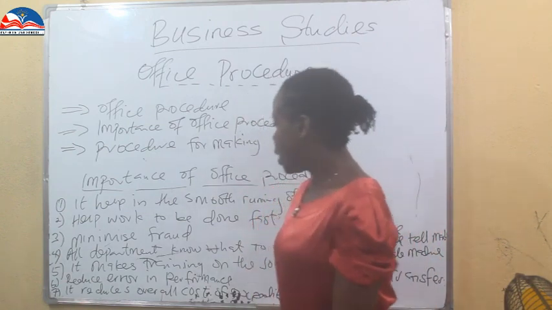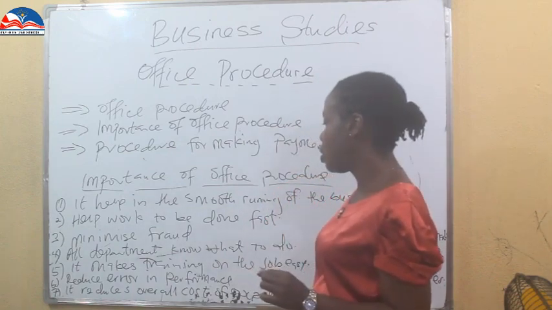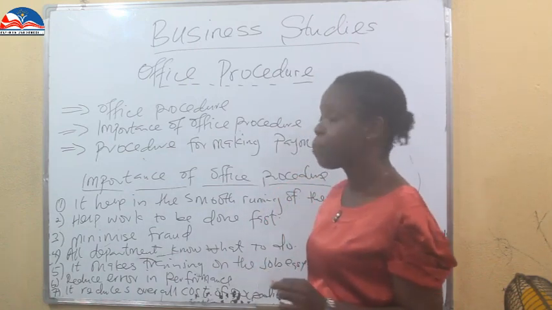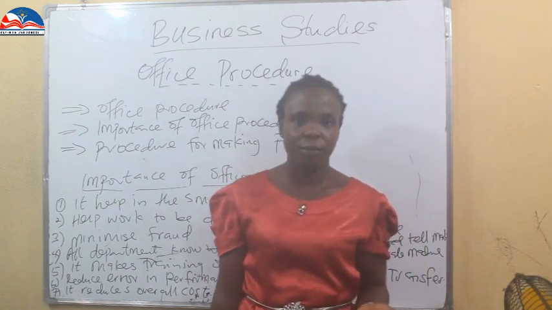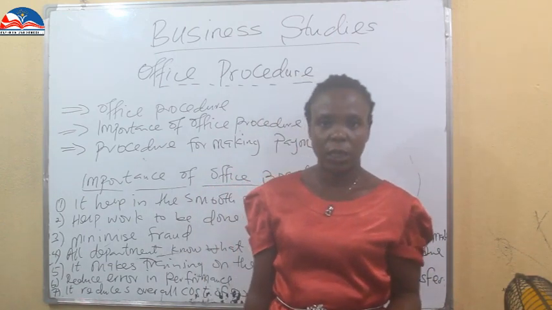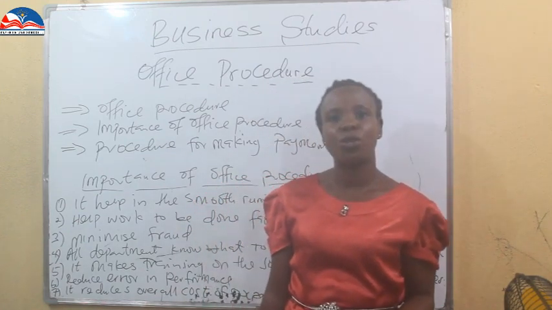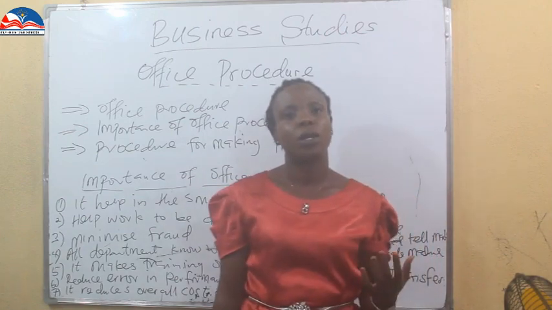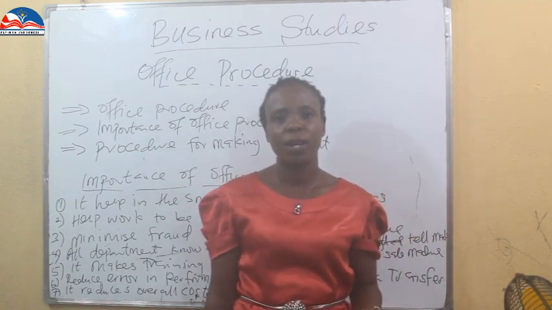And then the last, which is the 7th point, is it reduces overall cost of expenditure. When you do trial and error, you may spend more time, more money, more manpower. But if you follow procedure, you're not going to incur more costs, because the things that would be wasted will not be there.